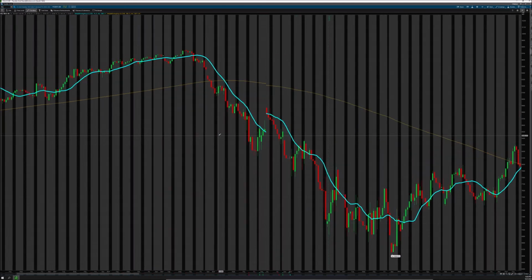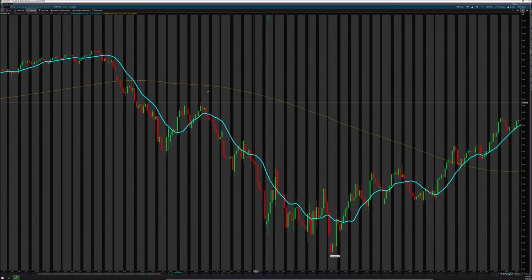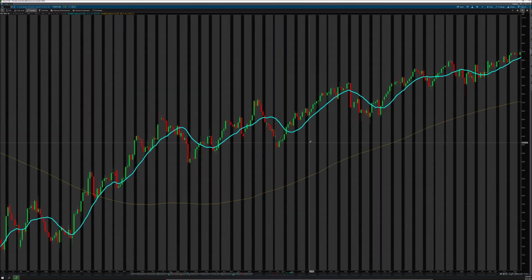And this was the drop that everybody thought the market was crashing, right here at the beginning of the year, February. The 15 crossed over the 200, we got this huge drop. And then if you would have entered here and then exited down here, you would have still made money on the trade, but you would have made more money if you would have got out down here at the bottom, once it started getting some support here.